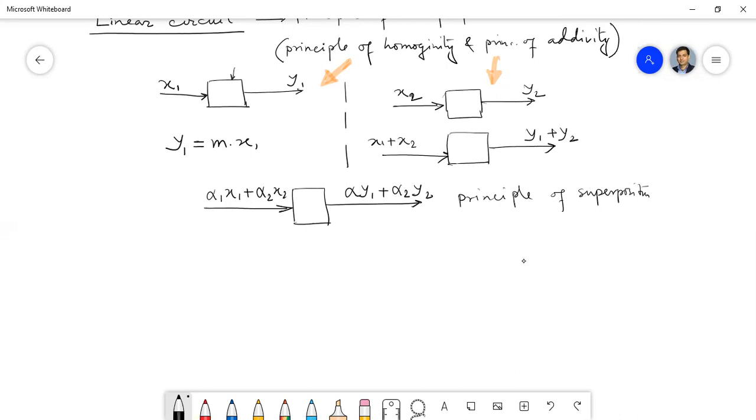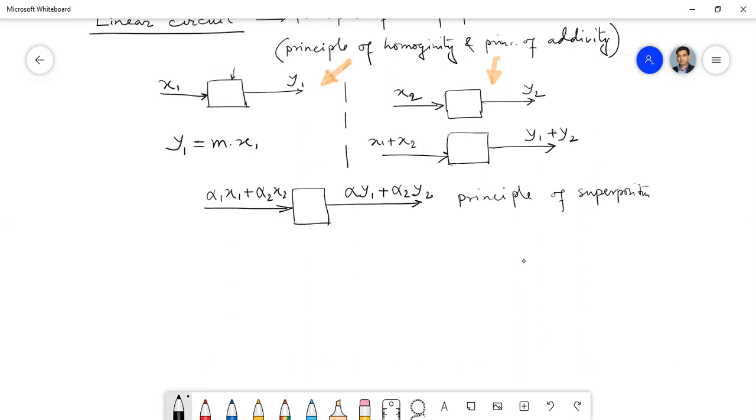Okay, next sentence. When considering one source, all other sources must be kept off. Next sentence.